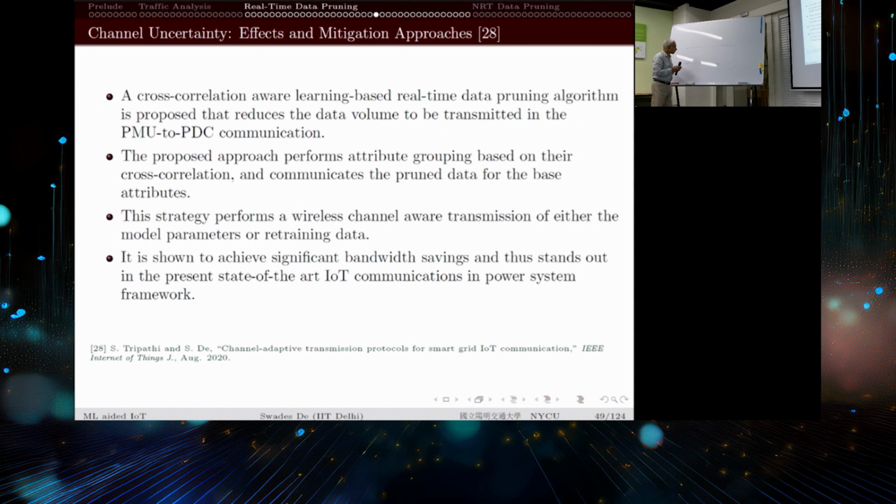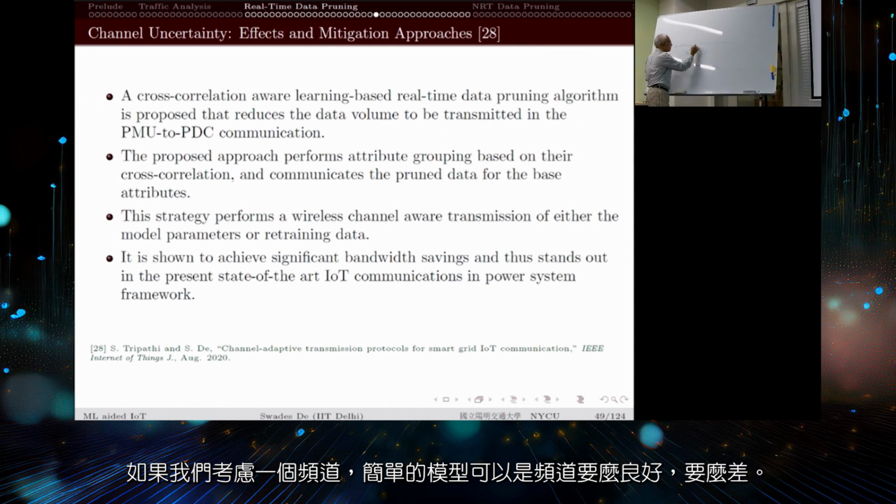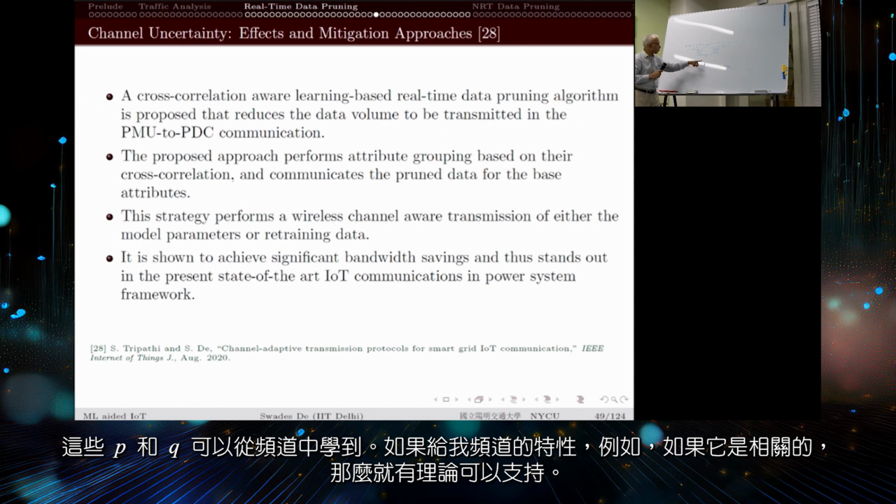Okay, so if I consider a channel, a simple model could be that the channel is good and the channel is bad. So at this instant, this is happening. This is probability P, this is probability Q, this is 1 minus P, this is 1 minus Q, and so on. And this P and Q can be learned from the channel if the channel characteristics are given to me.